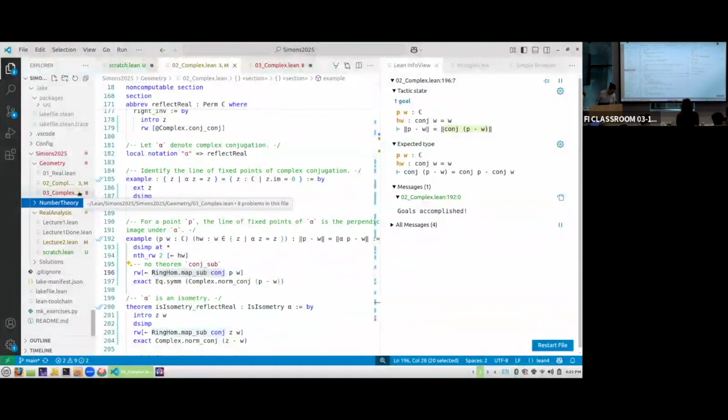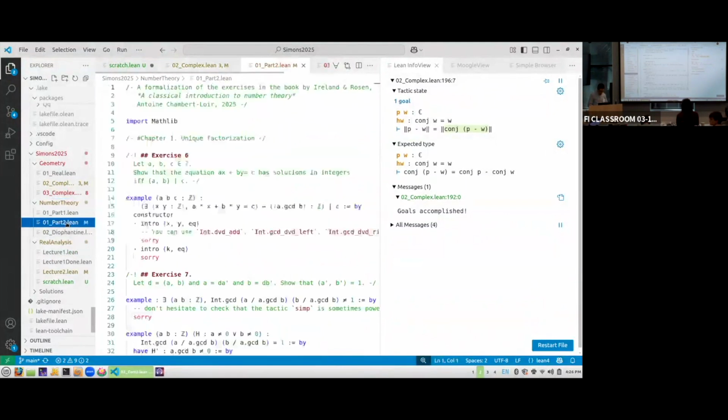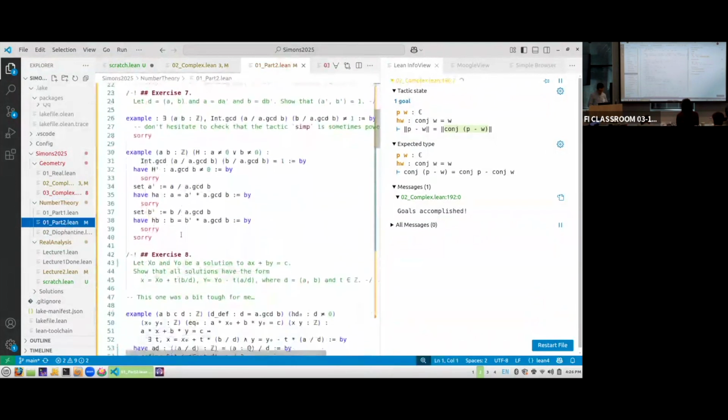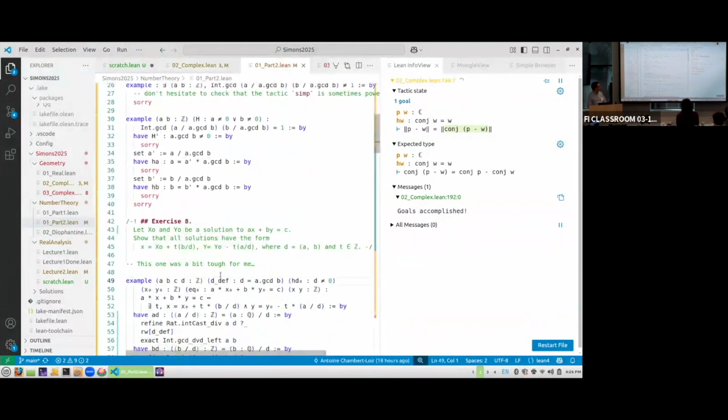It's easier this way. Okay. So I'd like to look at exercise.